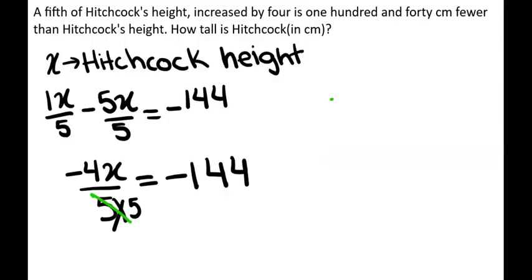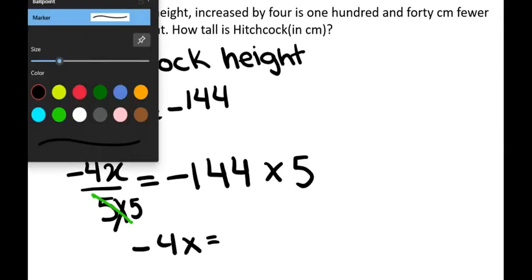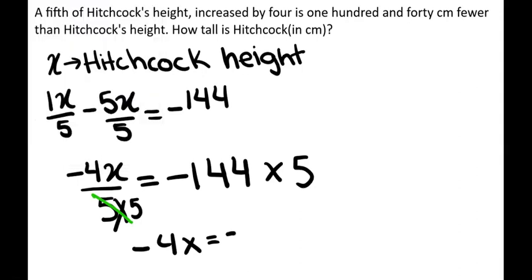Here we also have to multiply by 5 since we're multiplying it on this side. So on the left side we have negative 4x left. That is equal to negative 144 times 5, which is equal to negative 720.